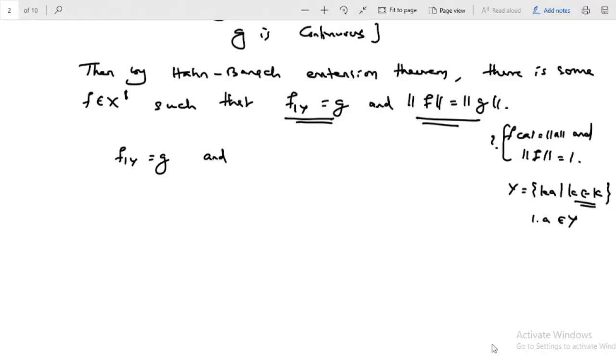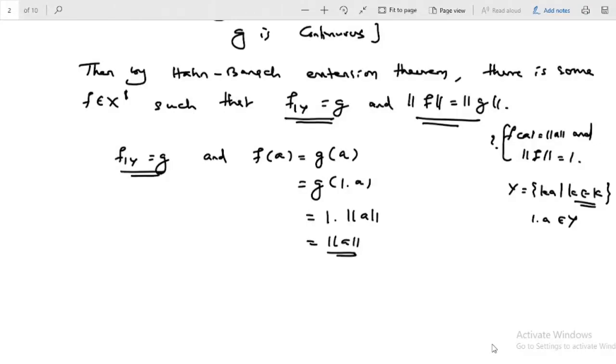And since F restricted to Y is equal to G, F of A, as A is an element of Y, is actually G of A. It is G of 1 into A. It's equal to k into, that is 1 into norm A. So F of A is equal to norm A. Since F restricted to Y is equal to G, F acts the same way as G acts on the space, so it maps the same element the same way.